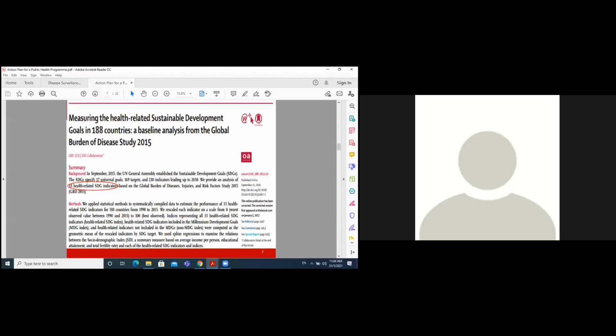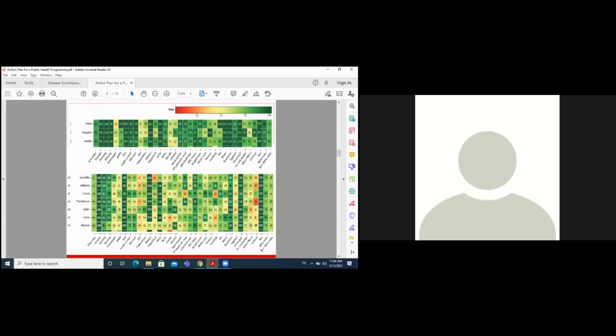According to the Lancet here, there is a baseline analysis from the Global Burden of Disease 2015. Related to health, we have 33 health-related Sustainable Development Goal indicators.